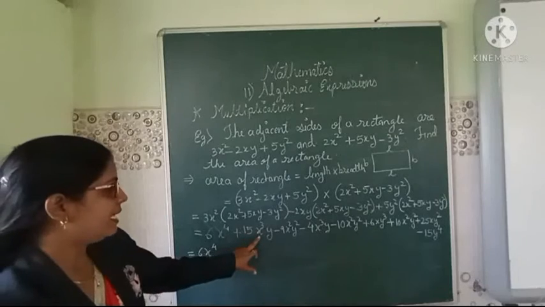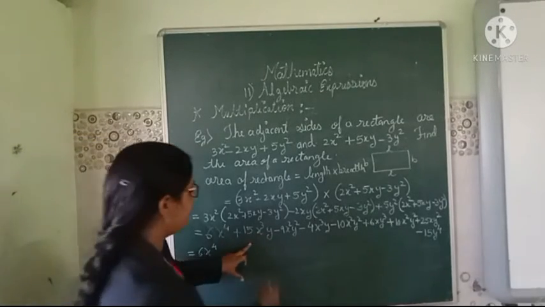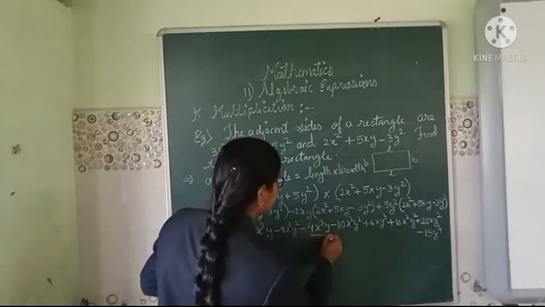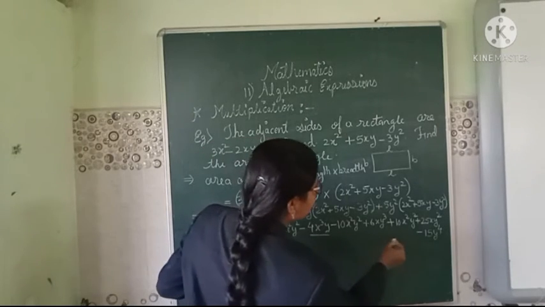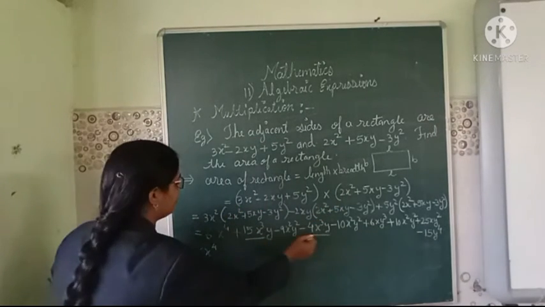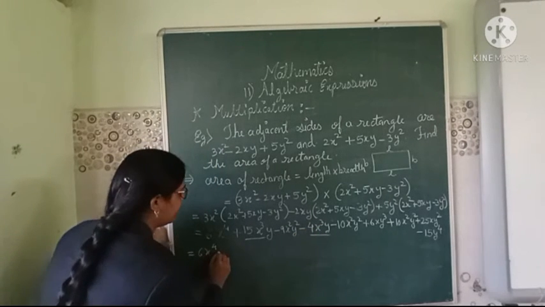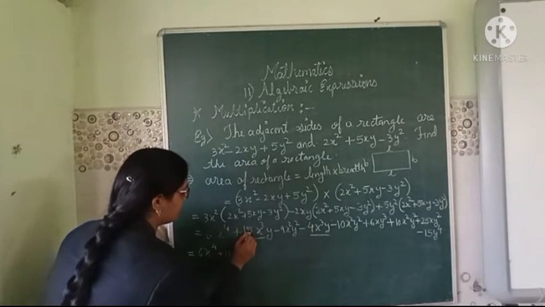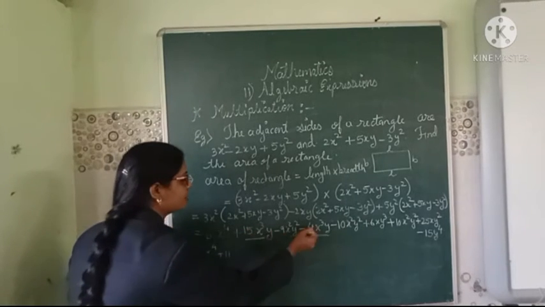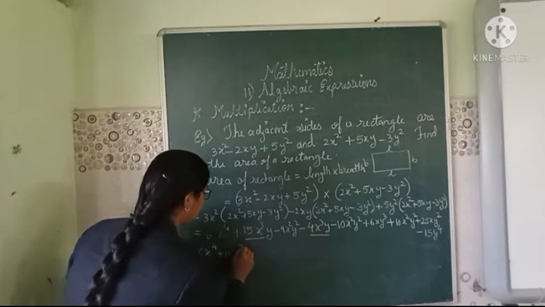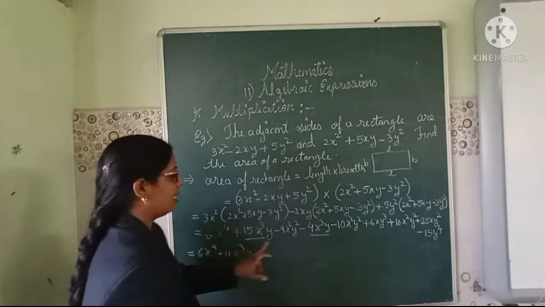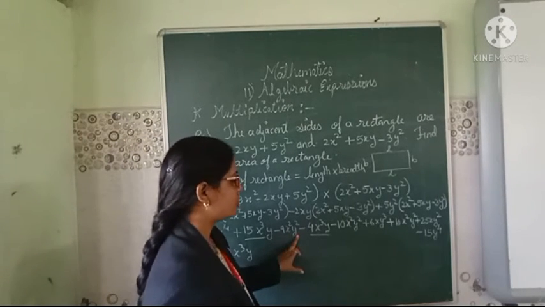Then 15x cube y, here it is there. This x cube y, only these two. So 15 minus 4, it will be how much? 11. Positive 11 because of the greater number's sign. 11x cube y. Then 9x square y square.